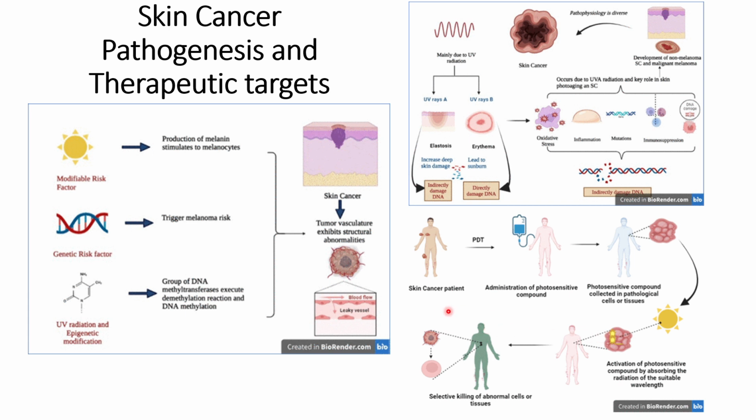Healthy cells, since they have not interacted with this photosensitive compound, will not be affected by exposure to light of a suitable wavelength. So this is one of the approaches that can be used to treat skin cancer.